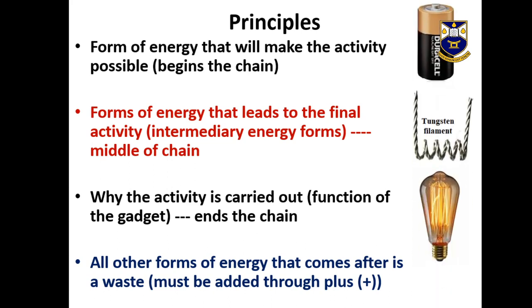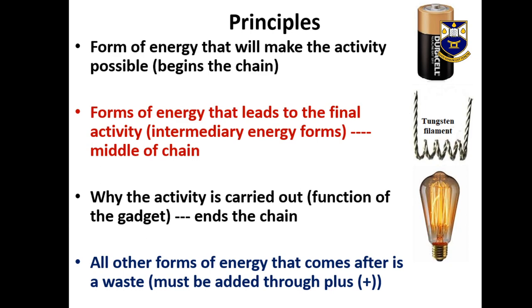And so for this particular example here, I may have chemical energy in the cell changing to electrical energy. Then that electrical energy will change to heat energy in the tungsten filament, and the heat will now change to light energy plus heat again.